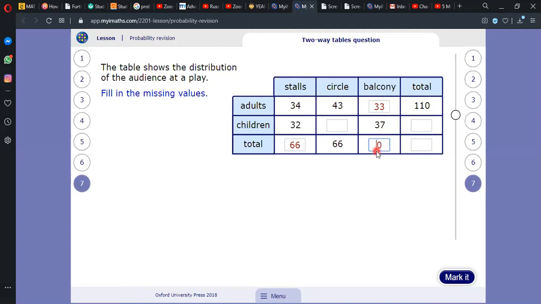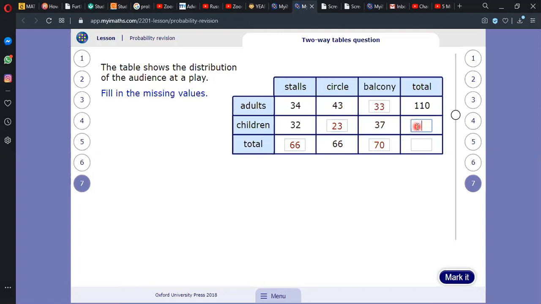Likewise here, the total is already 66 for all circles. So you just do 66 minus 43 to get what you will have here. So 66 minus 43 should give us 23. So this place is 23.